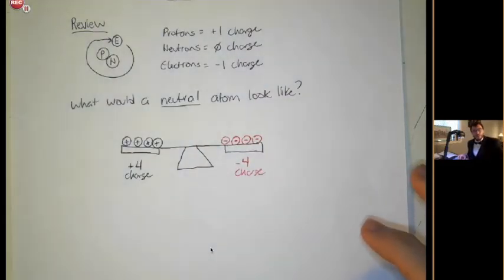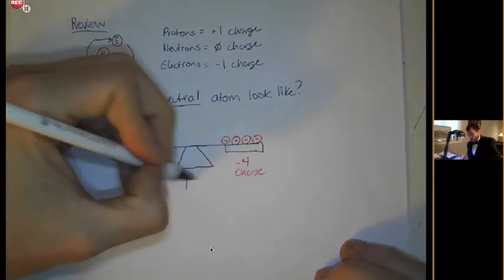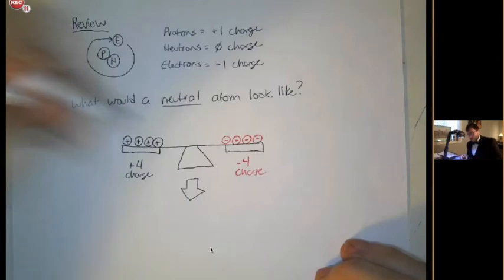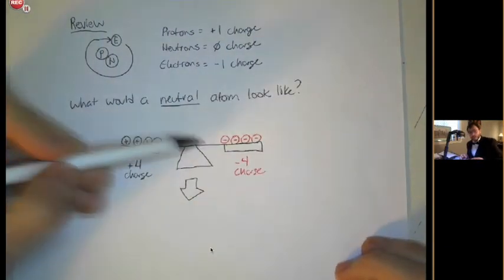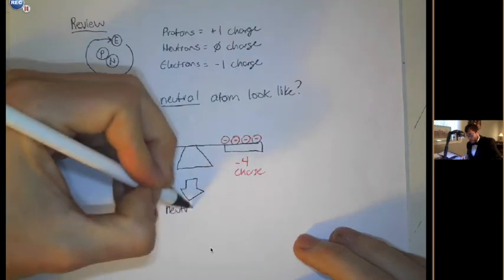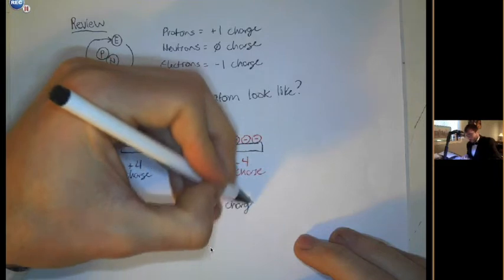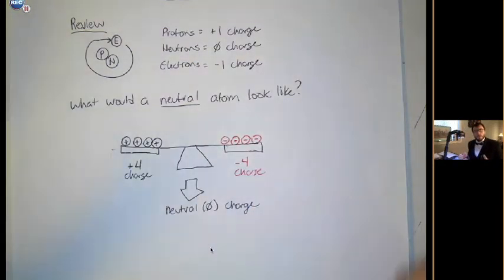When a -4 charge is met with a +4 charge, those 2 charges cancel out. So overall, if this atom has 4 protons and 4 electrons, it has a neutral, which means 0 charge.